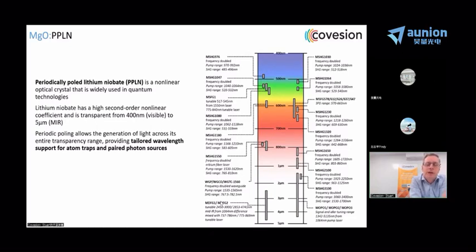So you can manufacture devices that perform second harmonic generation to short visible wavelengths, and you can manufacture devices that perform up conversion and down conversion right into the mid-IR. So an extremely flexible material.